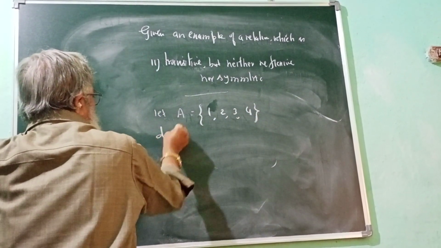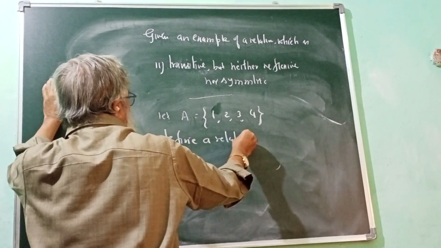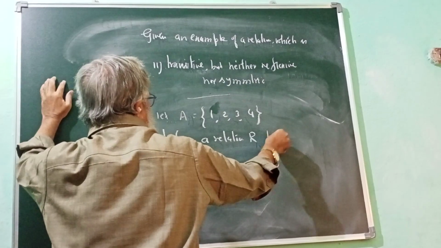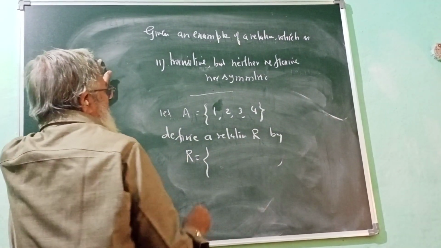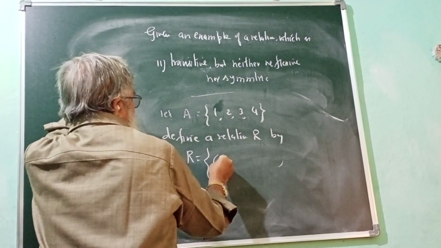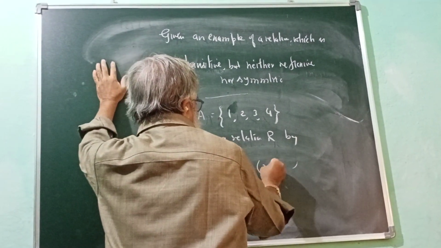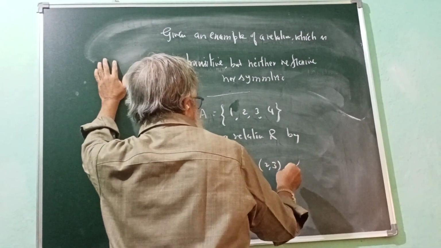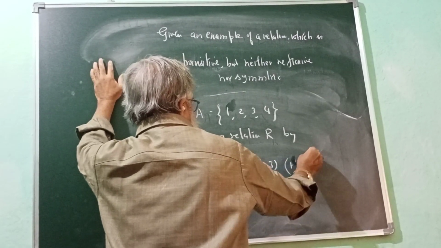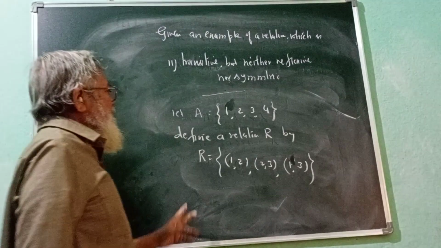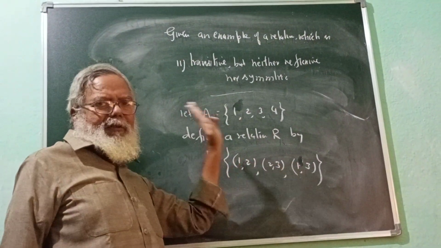Define a relation R by R equal to, you see here it should be transitive, so it is (1, 2), (2, 3) and we take, in order, (1, 3). So see here, it is transitive because (1, 2), (2, 3), (1, 3) is there.